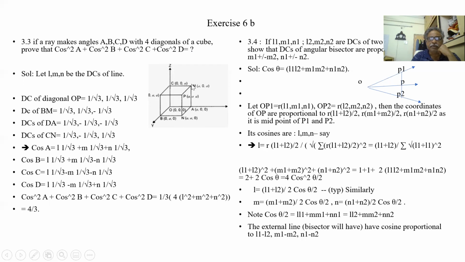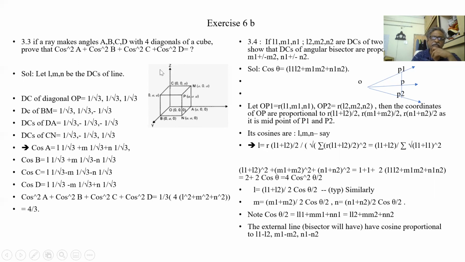B to M. What is the next diagonal? Rather, O to A. This is the third diagonal. What is the fourth diagonal? N to C. So they are the 4 diagonals of the cube. So one line is making angles A, B, C, D with these 4 diagonals.